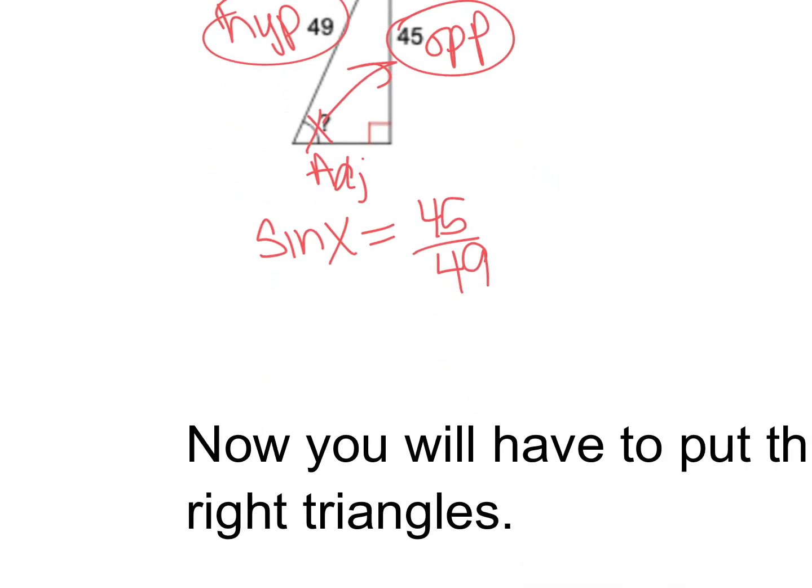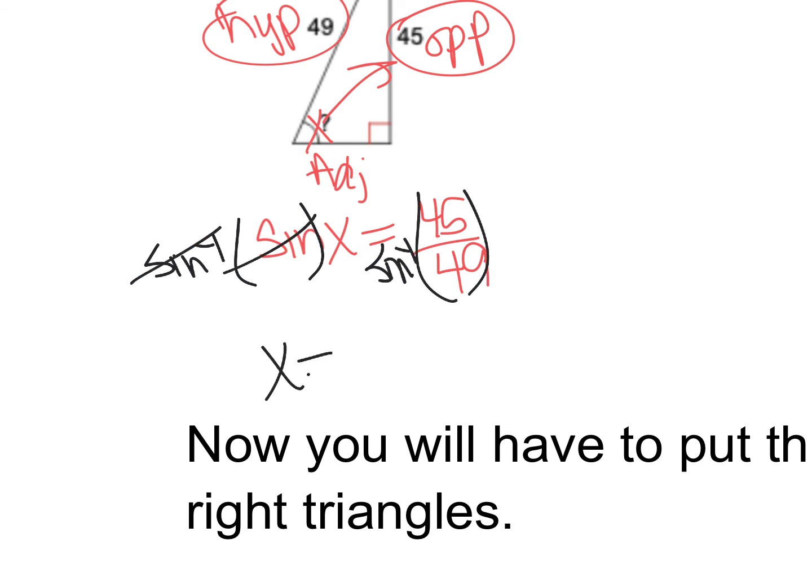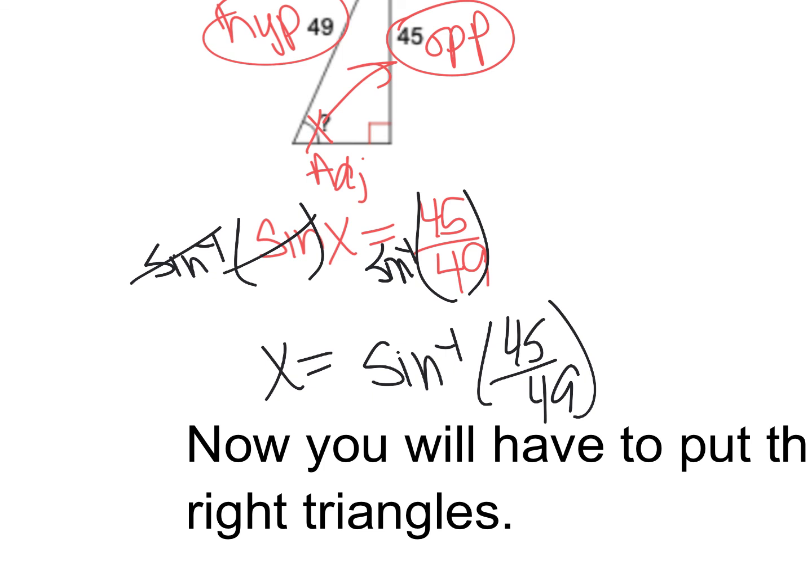So the next thing, I need to take the inverse sine of both sides. That gets rid of sine, and I'm left with x equals the inverse sine of 45 over 49. And when I put that in my calculator, I get that it is 66.7 degrees.